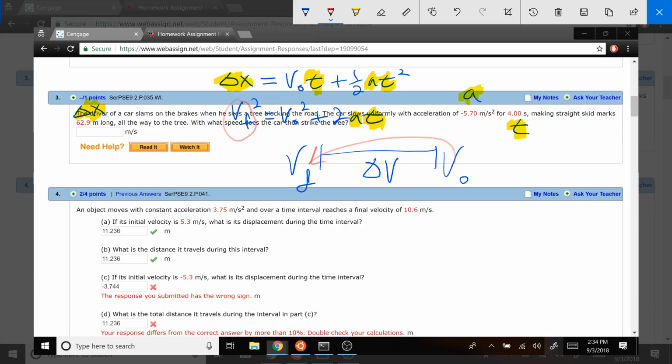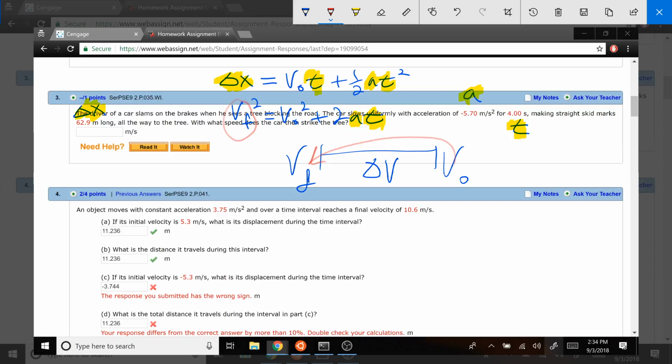I still think I did this. I think I did it in a way that would still solve for VF. There are other ways, yeah. But what I did is just that if you say that VF squared minus V naught squared equals, it doesn't equal delta V. No, it equals V naught.